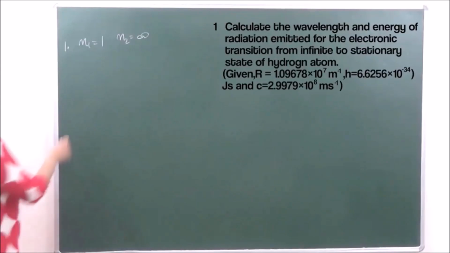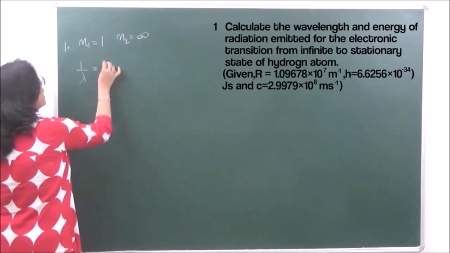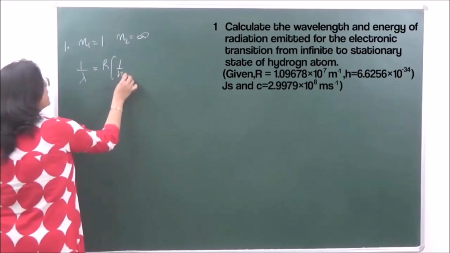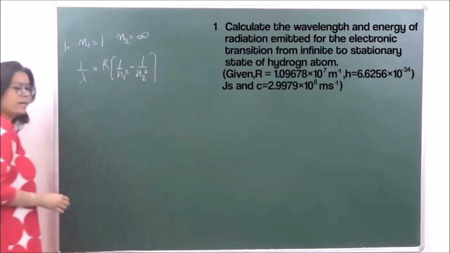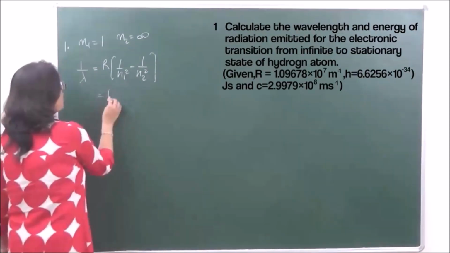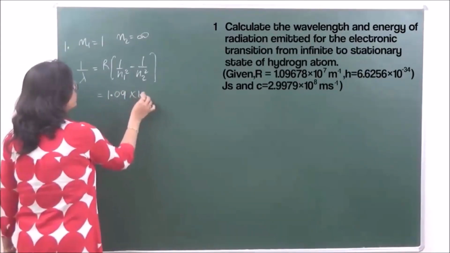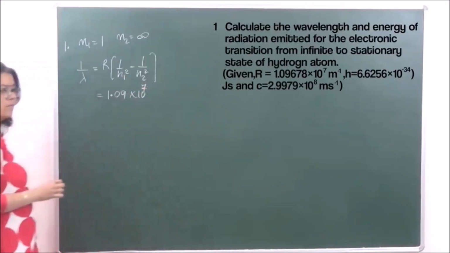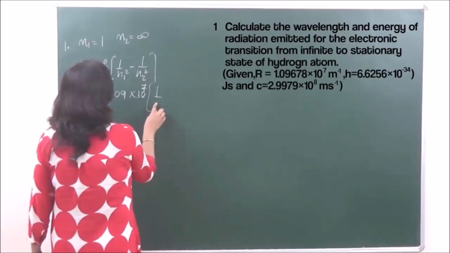So we apply the formula 1 upon lambda is equal to R into (1 upon n1 square minus 1 upon n2 square). The value of R is also given to you. The value of R is 1.09, we can take approximately, into 10 raised to the power 7.